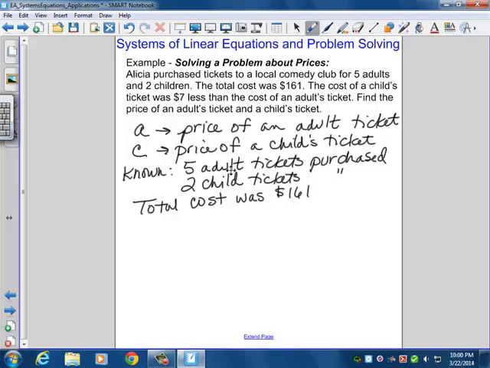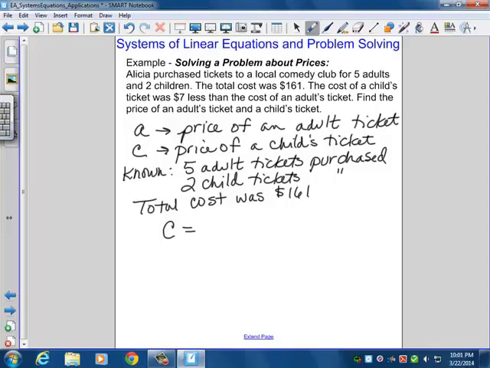I think that if we think about this carefully enough, we could put this one into an equation right away. I'm going to need to make an equation with the first group of information, but this one we can put into an equation right away. So the cost of a child's ticket, C, equals $7 less than the cost of an adult's ticket.